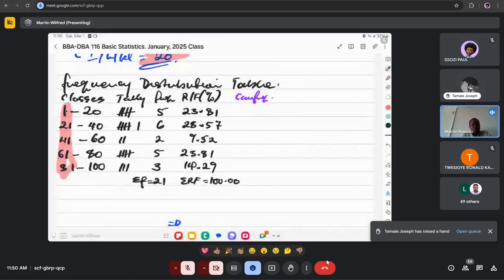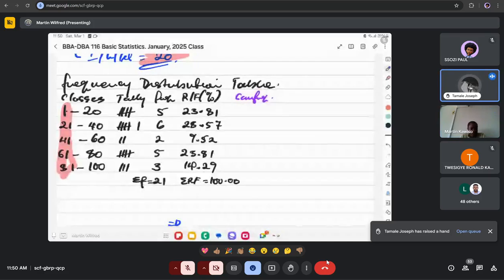But I've given you a scenario where, assuming our first class was 10, then you would have 20 minus 1, which is 19. So it will be 10 plus 19. Then for the other classes, you maintain the 20.